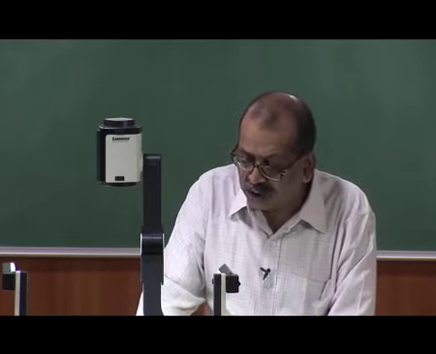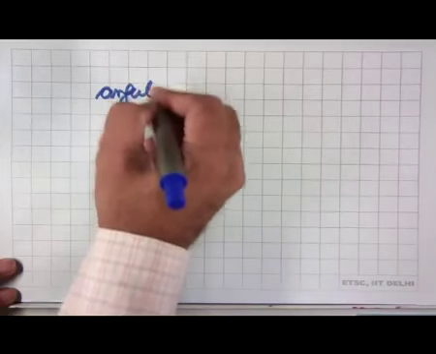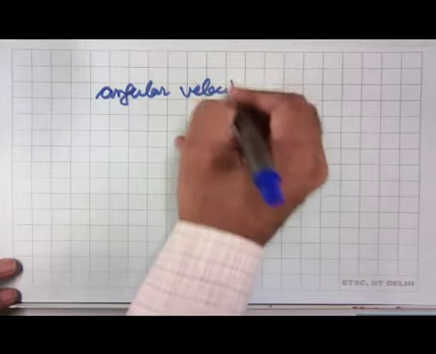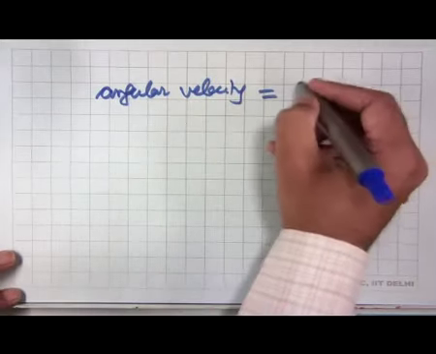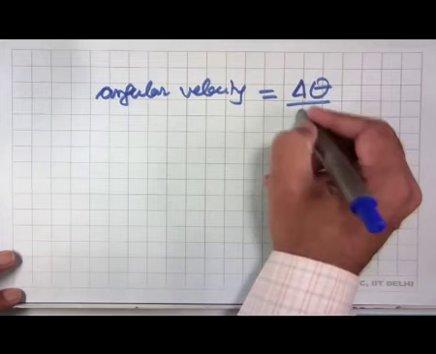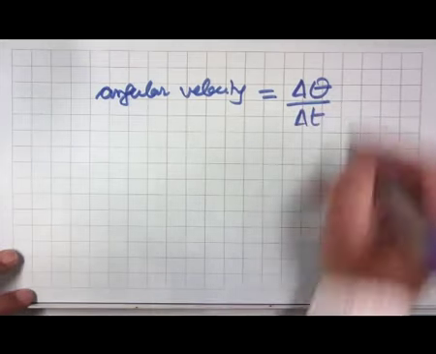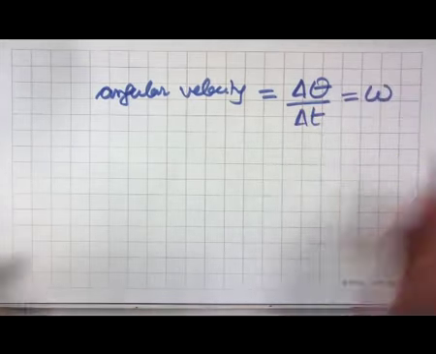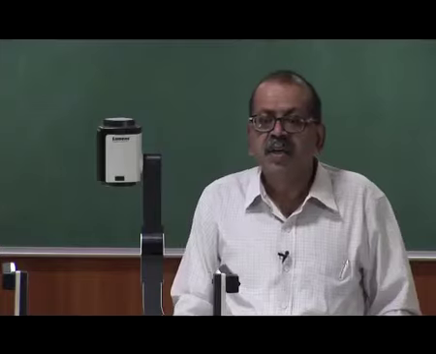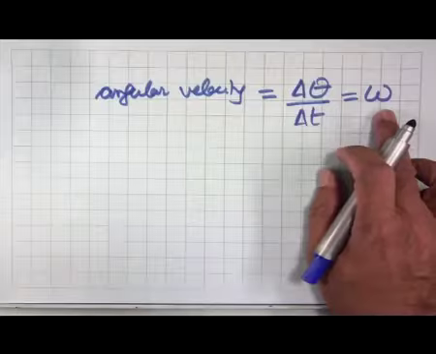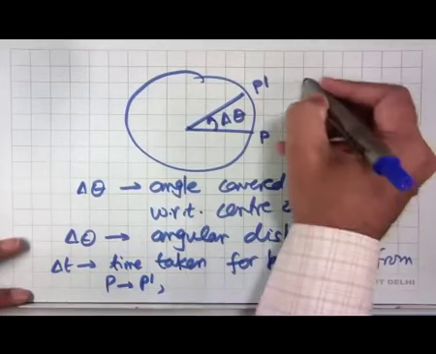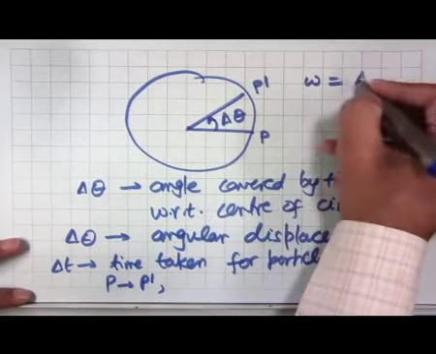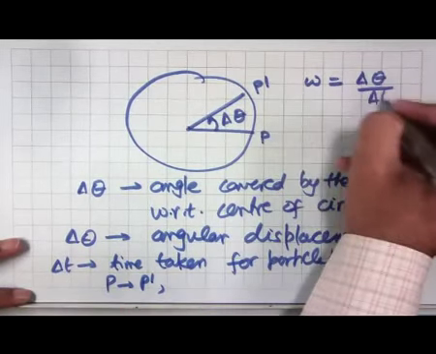The angular velocity of the particle is defined as the angle delta theta by delta t, and the symbol often used for angular velocity is the Greek letter omega. So, the angular velocity, as we have seen, is given by delta theta by delta t.